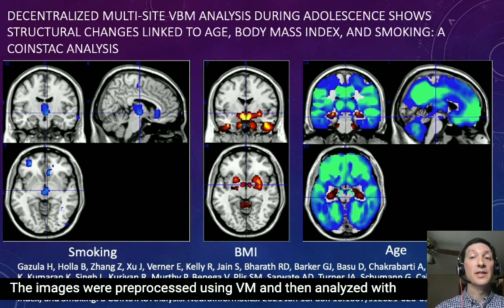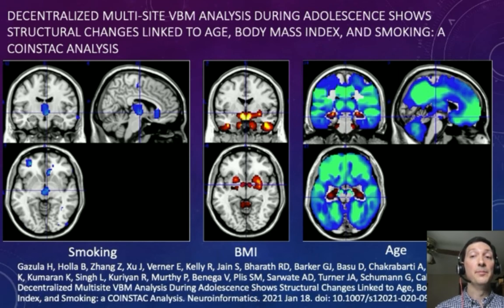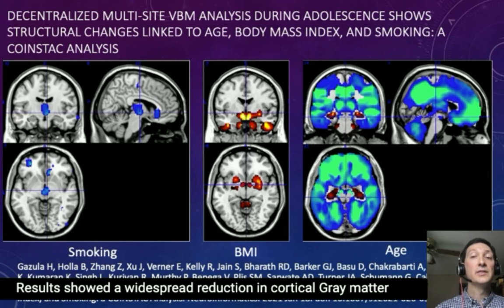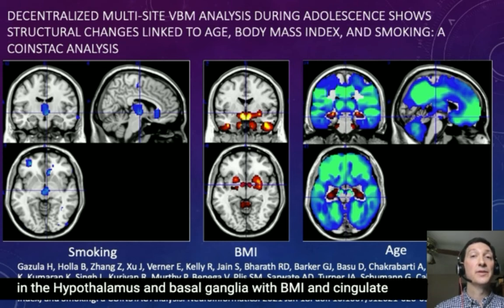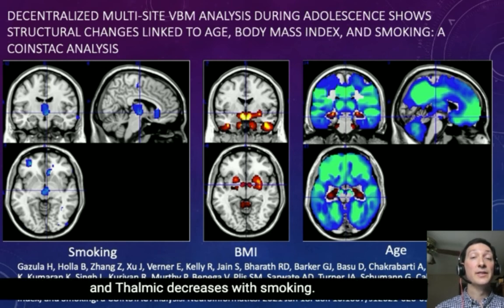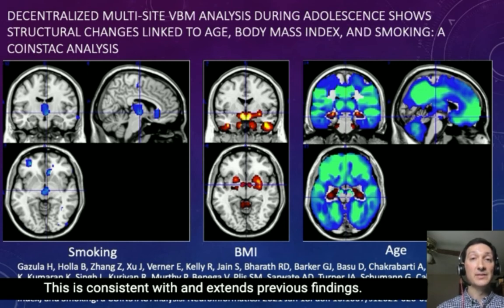The images were pre-processed using VBM and then analyzed with a federated regression algorithm. Results showed a widespread reduction in cortical gray matter and increase in the hippocampus with age, bilateral increases in the hypothalamus and basal ganglia with BMI, and cingulate and thalamic decreases with smoking. This is consistent with and extends previous findings.